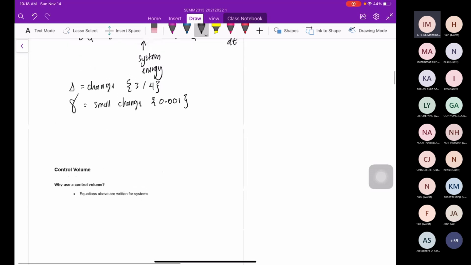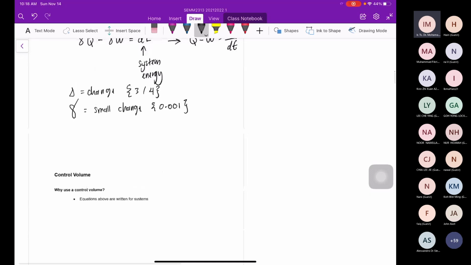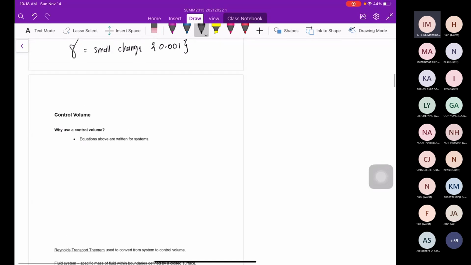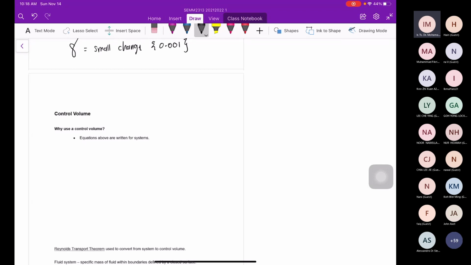The control volume. Okay, now I'm going to introduce you to the control volume. So why do we use the control volume, and what is the control volume basically? The equations above are written for the system.